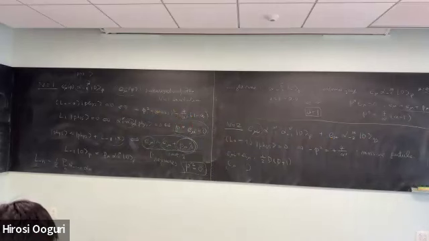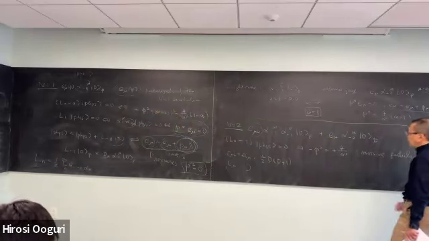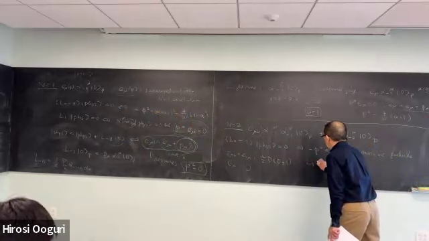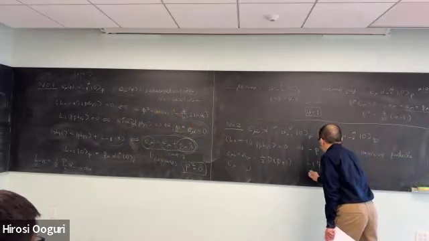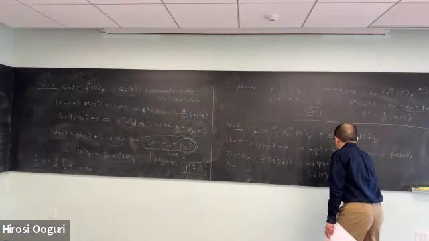Okay. Now, how many conditions do we get from requiring that L1 is equal to 0 and L2 equal to 0?